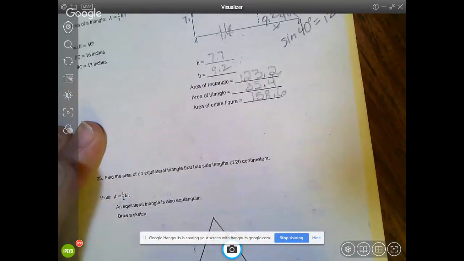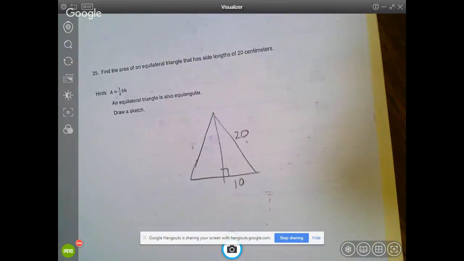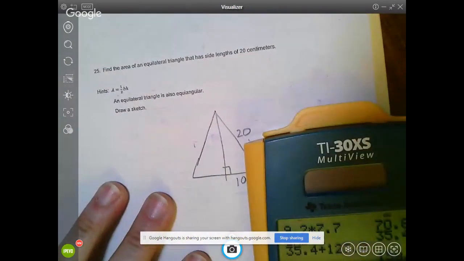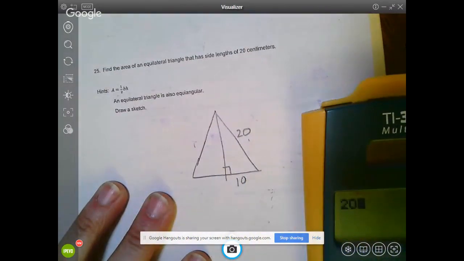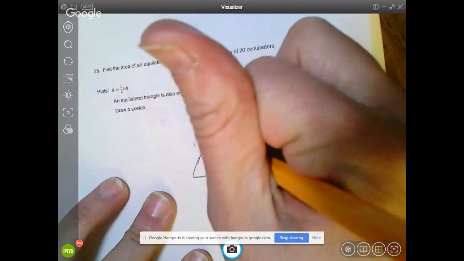Okay, last one. Here's this. This is 20 centimeters. This has to be 10 centimeters for this bottom one. Okay, so what we just do, I would just do Pythagorean theorem. 20 squared minus 10 squared gives you 300. The square root of 300 is 17.3.